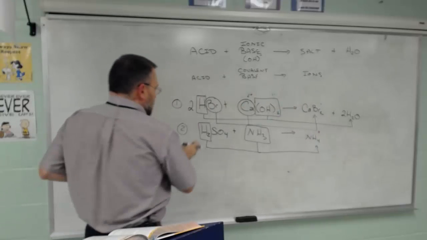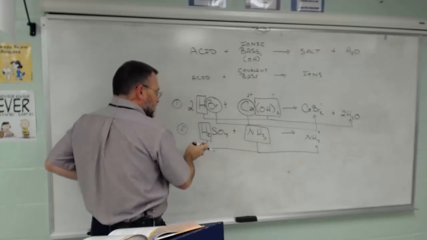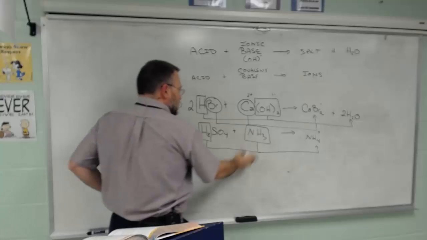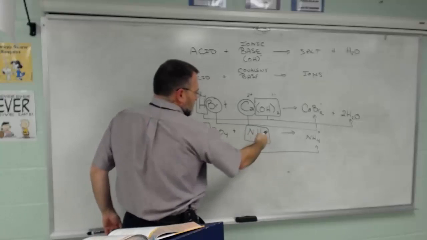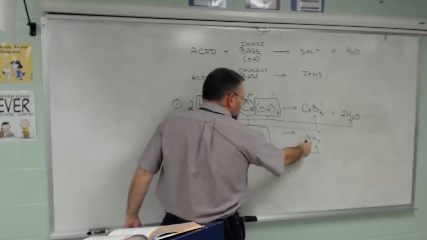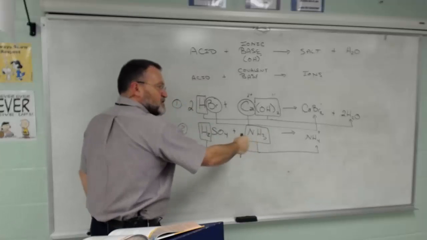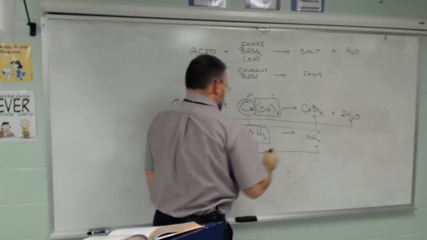It's donating hydrogen ions, plus 1 hydrogen ions, to the base. All we're doing is taking the base and upping the number of hydrogens by 1 to be NH4. It received a positive, so the molecule was neutral and it becomes 1 positive.